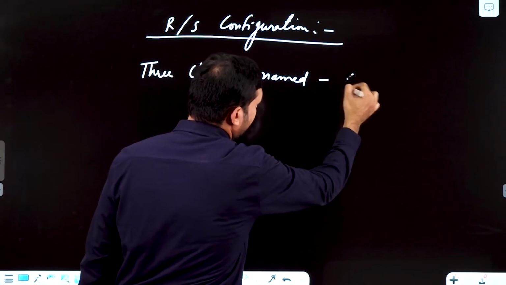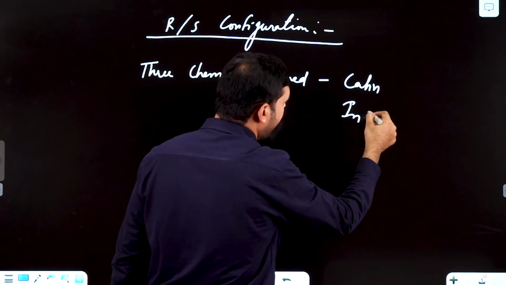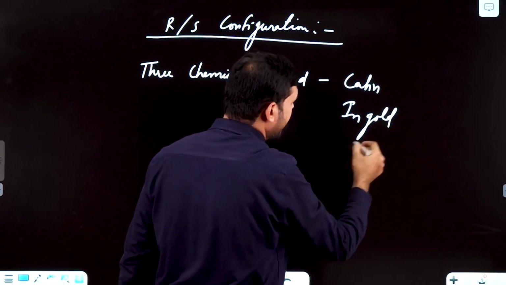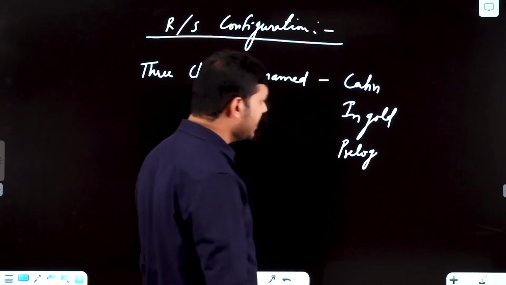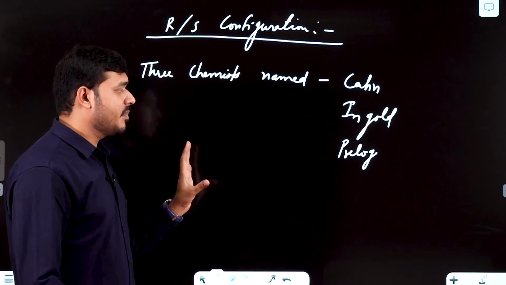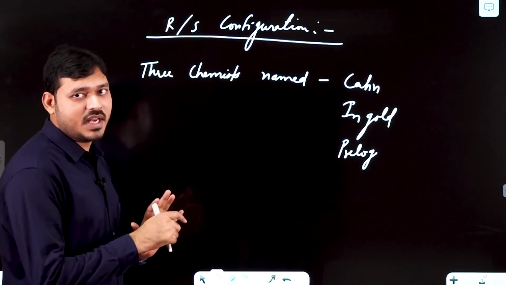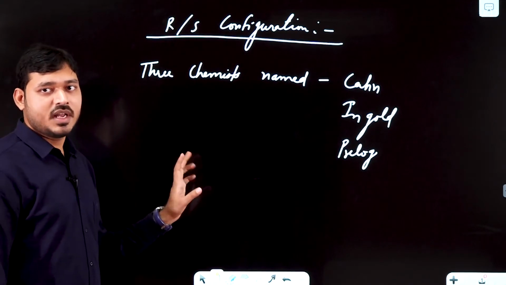One was Mr. Kahn, another was Mr. Ingold, and another Mr. Prelog. These three chemists studied a particular pattern through which they named compounds which are enantiomers of one another with different names.